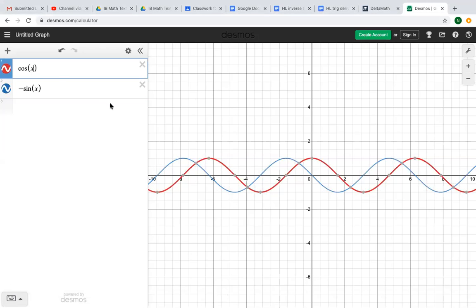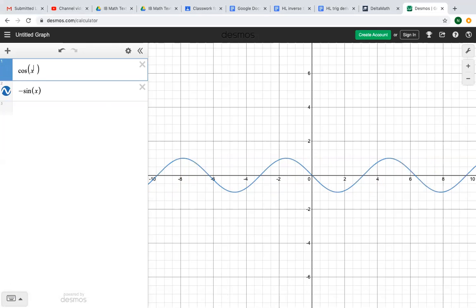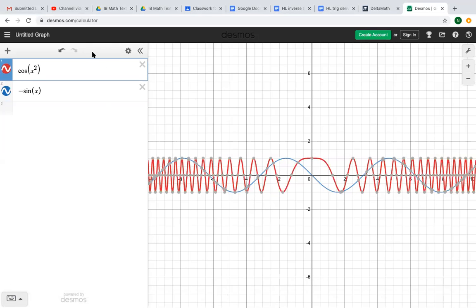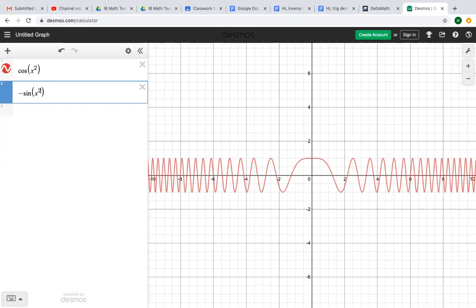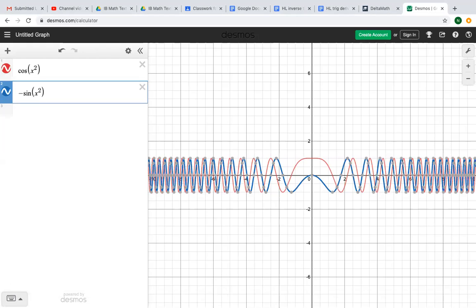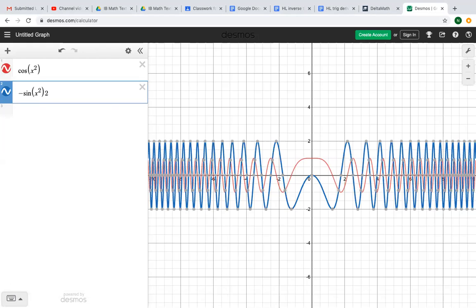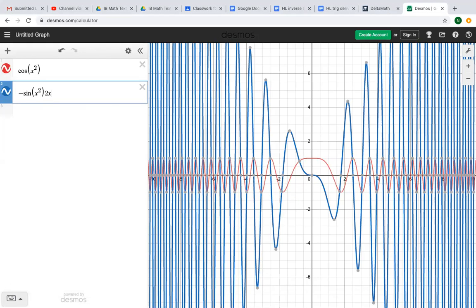So if this was cosine of x squared, then the function would be negative sine of x squared times the derivative of x squared, which is 2x. Whoa, crazy looking. Can you explain why?